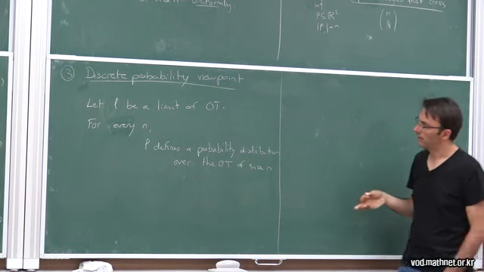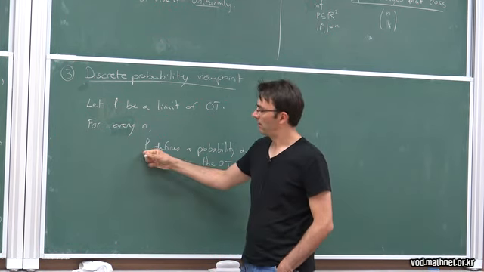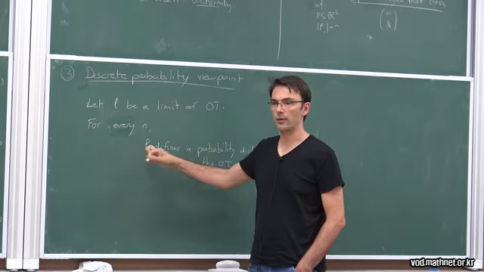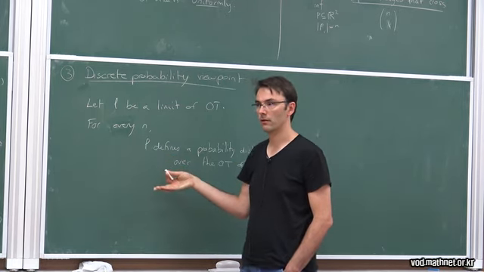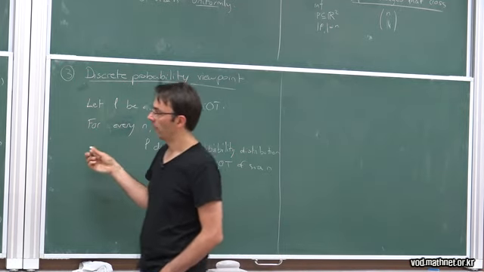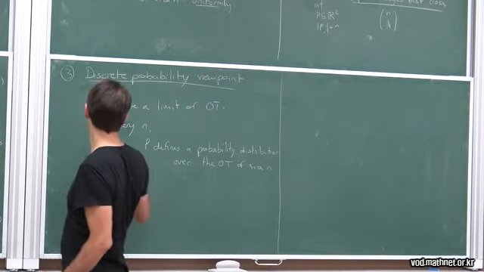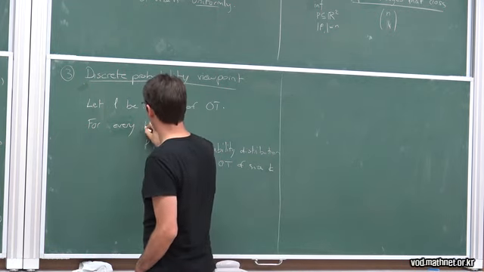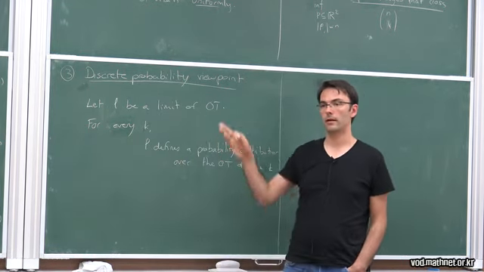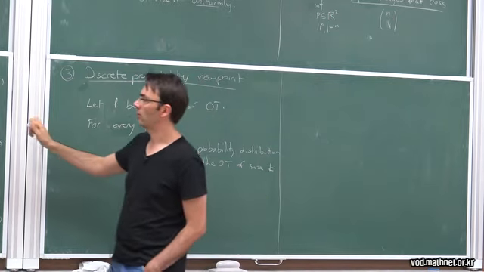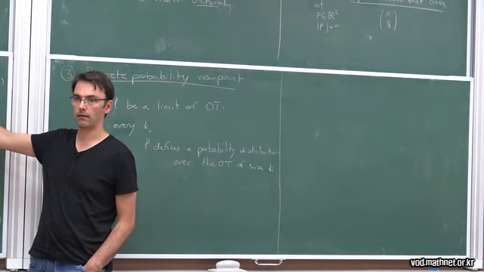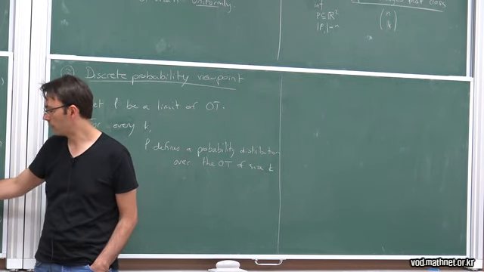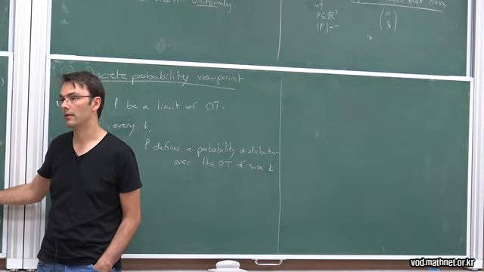So why is that? For any order type of size n, L of that order type has a value between 0 and 1, so it's positive. Now, if you fix k, and you take n such that n is larger than k, these P of order types of size k define a probability distribution.